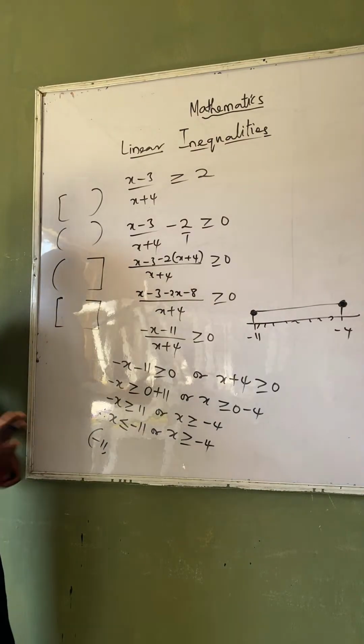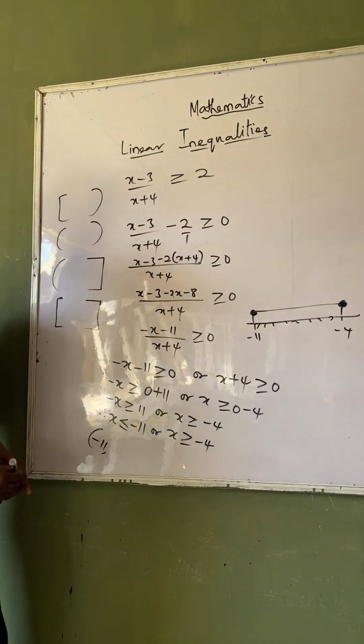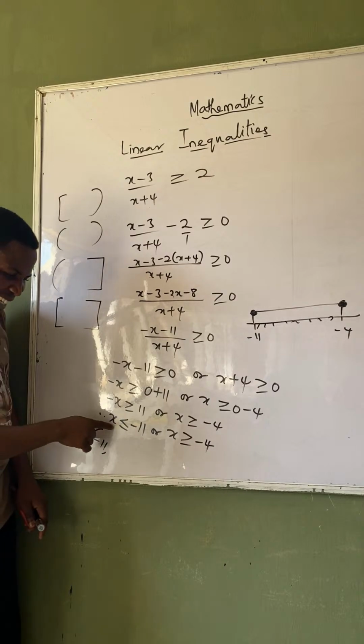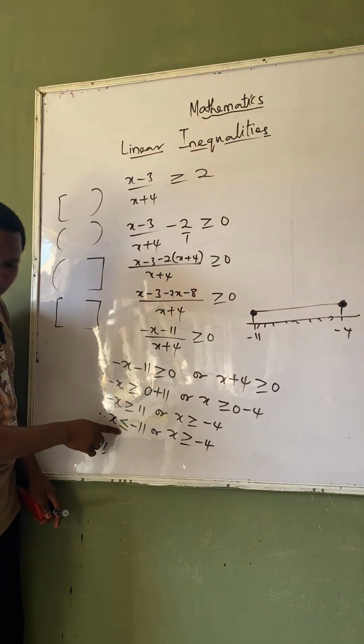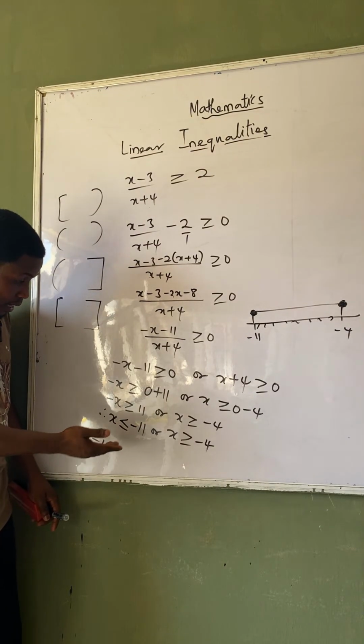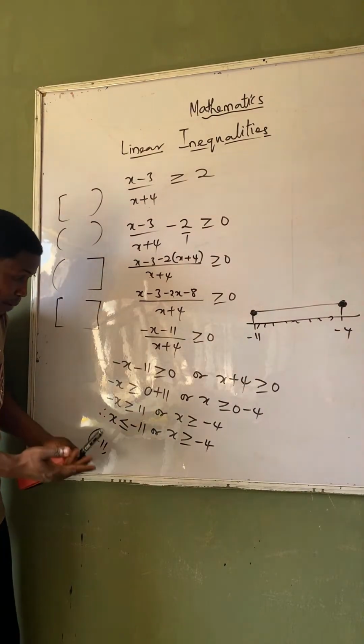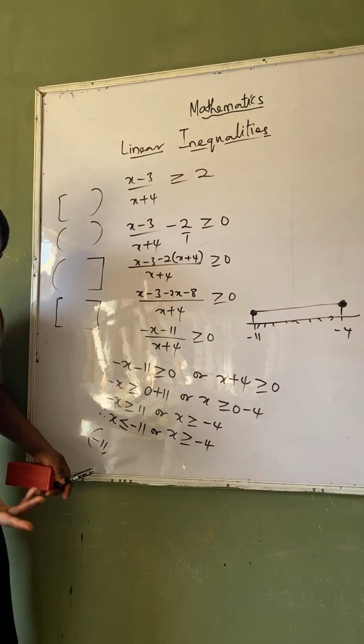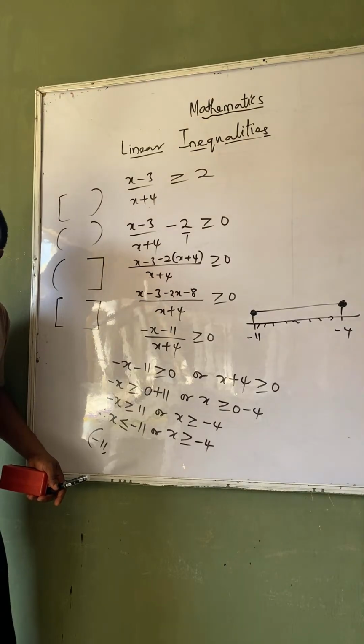That is, it can accept all those numbers. That is, it does not really stop here. Look at it. x is less than or equal to minus 11 means that x can be minus 11. It can also be minus 12, can be minus 13, to what? Negative infinity.